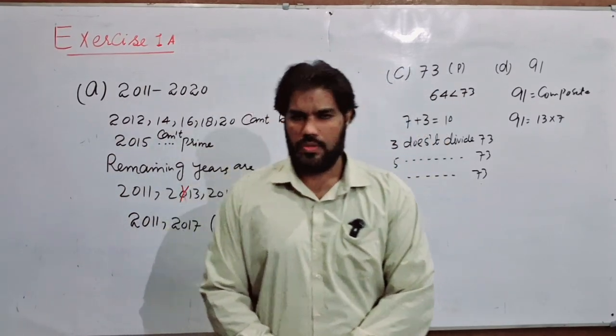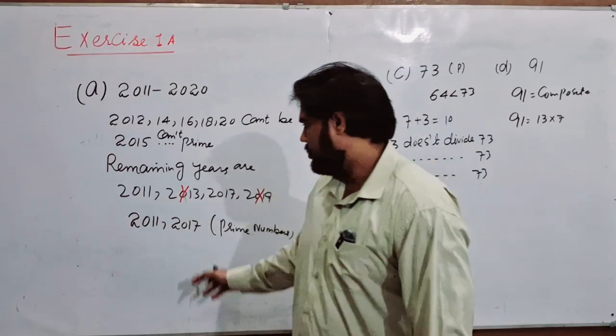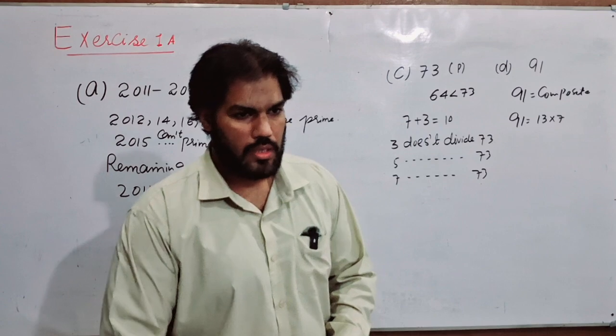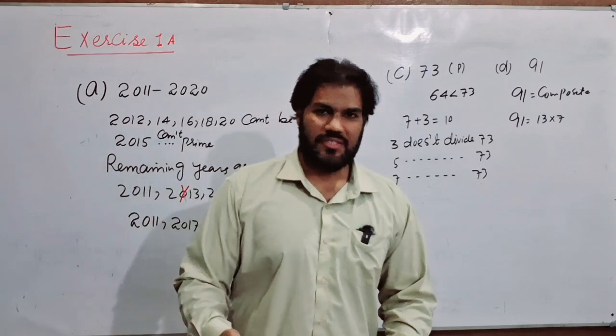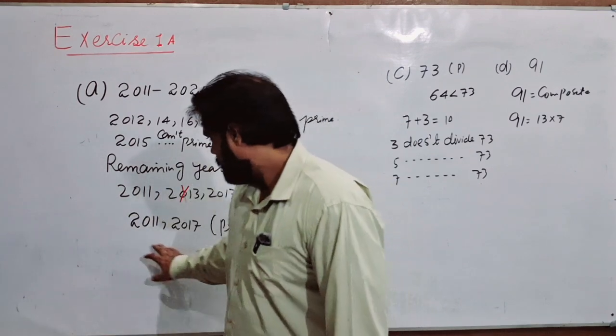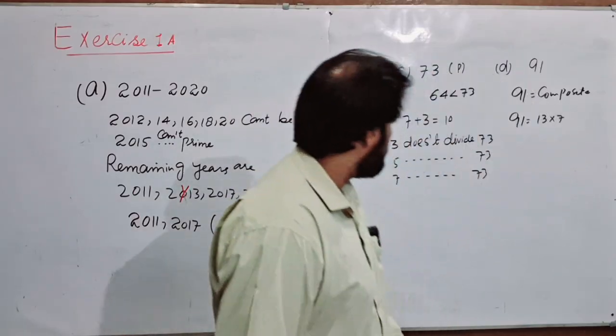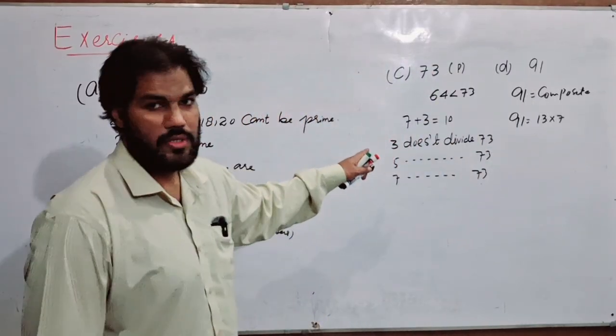There is no shortcut technique to say these two are prime. It is possible that there exist some prime numbers that divide both of these. So what is the criteria? Again, the criteria is the same here.